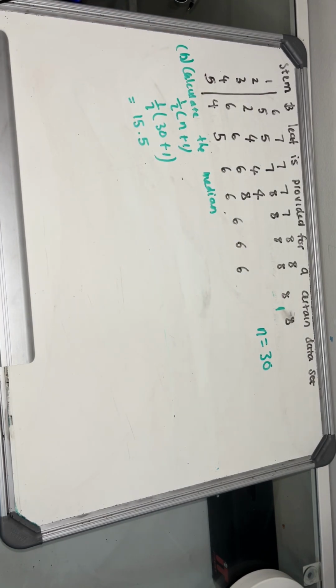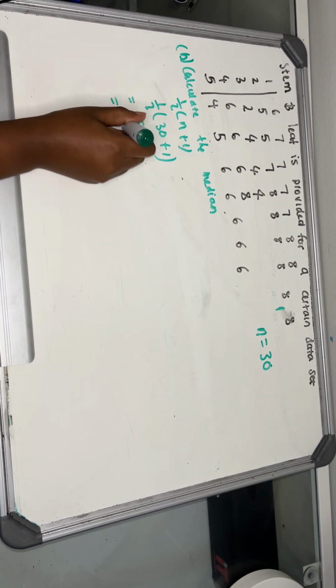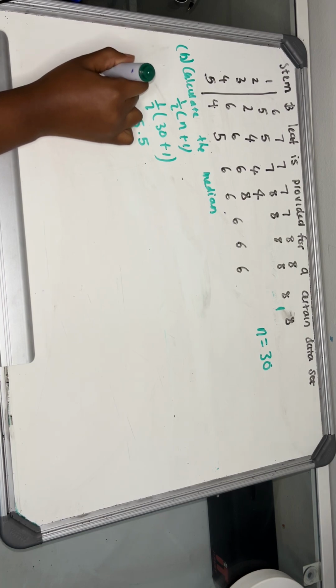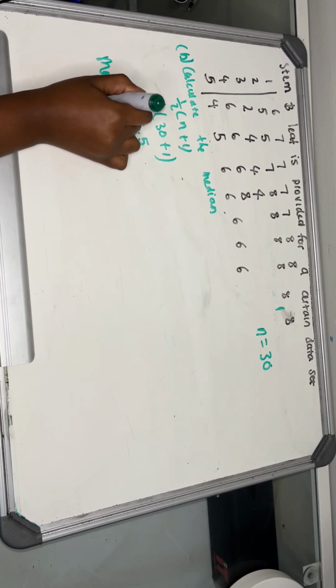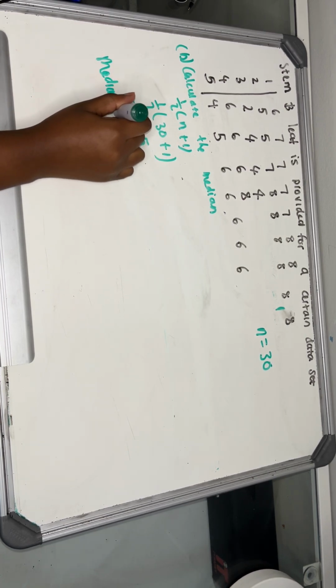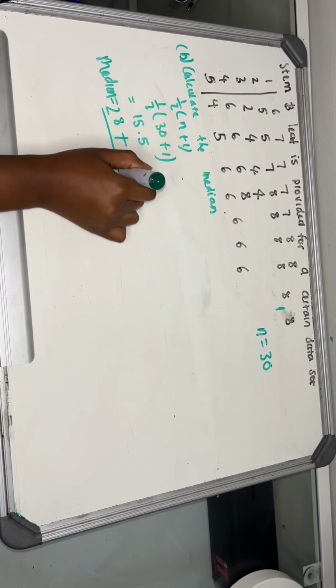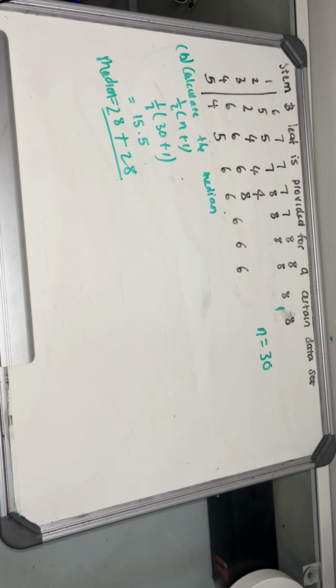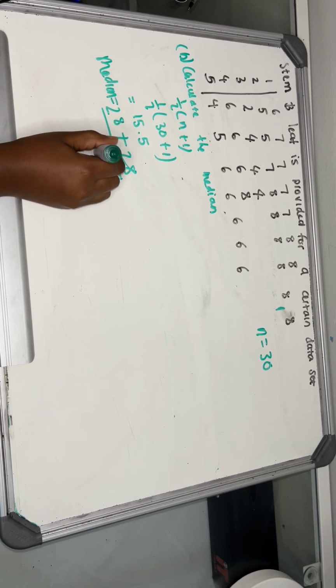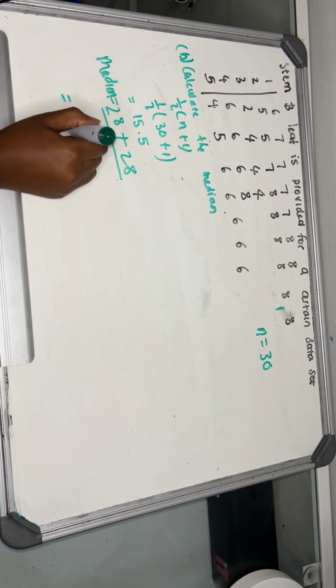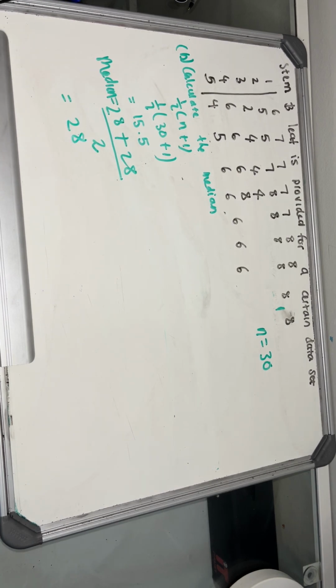So the median is equal to 28 plus 28 all over 2, which is equal to 28, right?